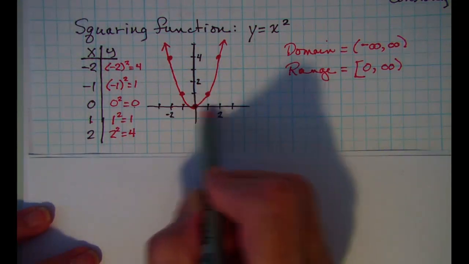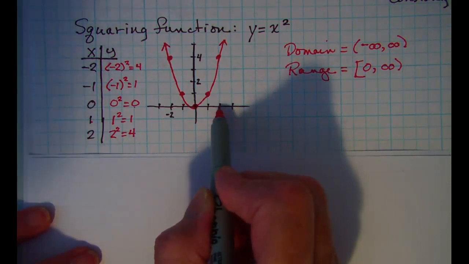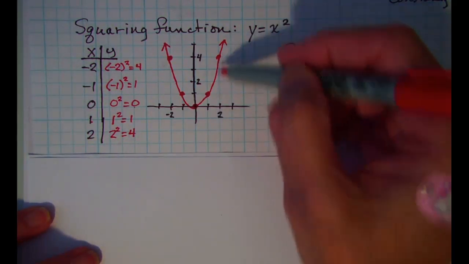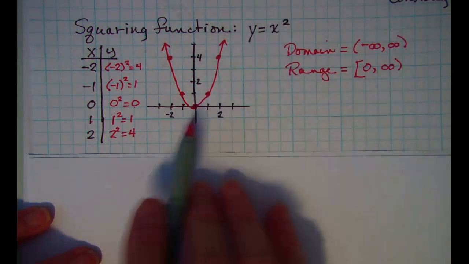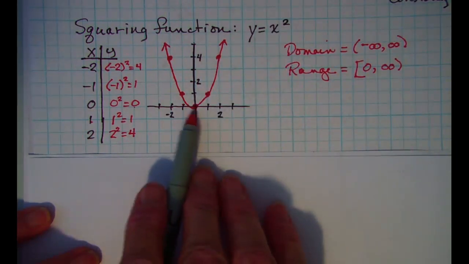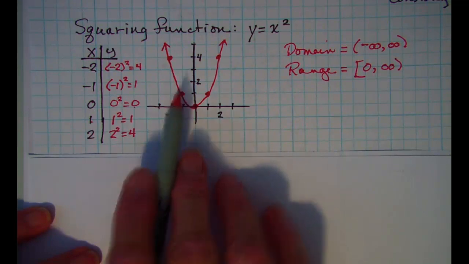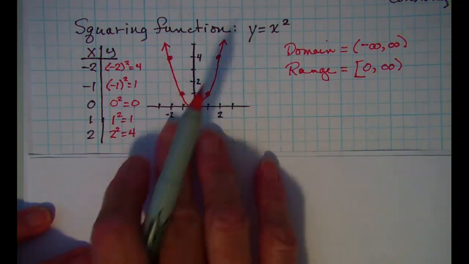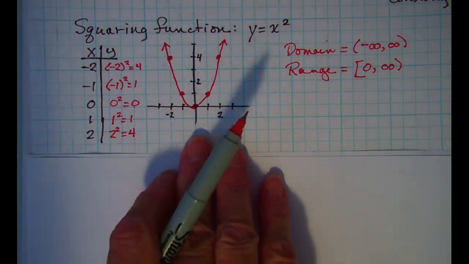When you move right 2 units from the vertex, you go up 4. So keep that in mind. Also, when you're moving left, you go left 1, up 1, and left 2, up 4. And that's your movement on the basic y = x squared graph.